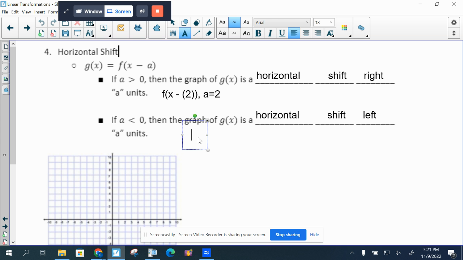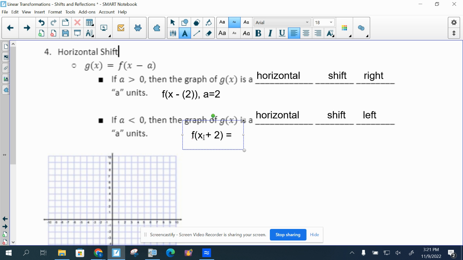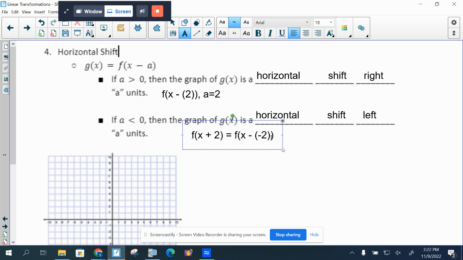But in the form, what that will look like if we consider 2, it'll look like f of x plus 2. Because actually, if the formula is negative, it would be f of x minus negative 2, because 2 negatives make a positive. So here, a equals negative 2.